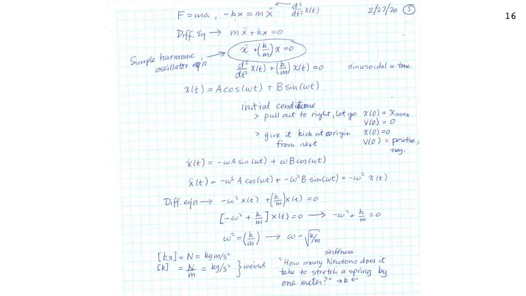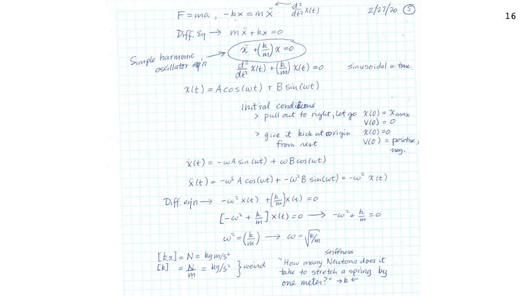Let's divide by m on both sides and we get x double dot plus k over m times x equals 0. So now let's look at this: d squared by dt squared of x of t plus k over m times x of t equals 0.